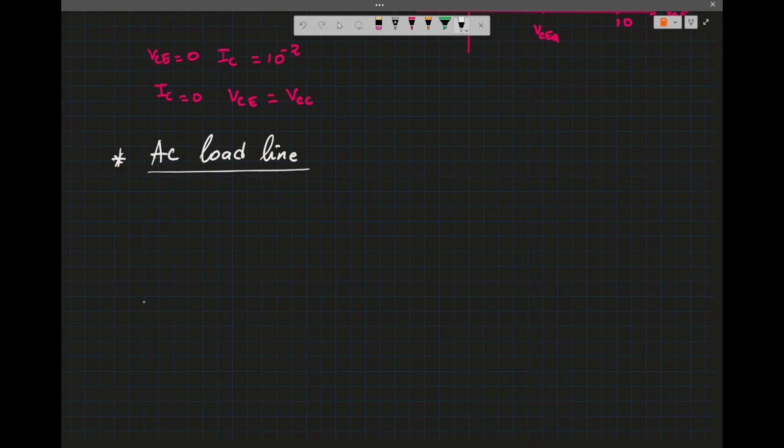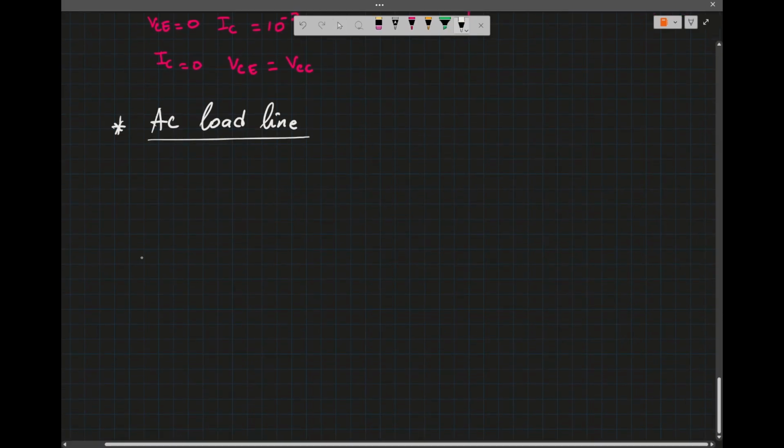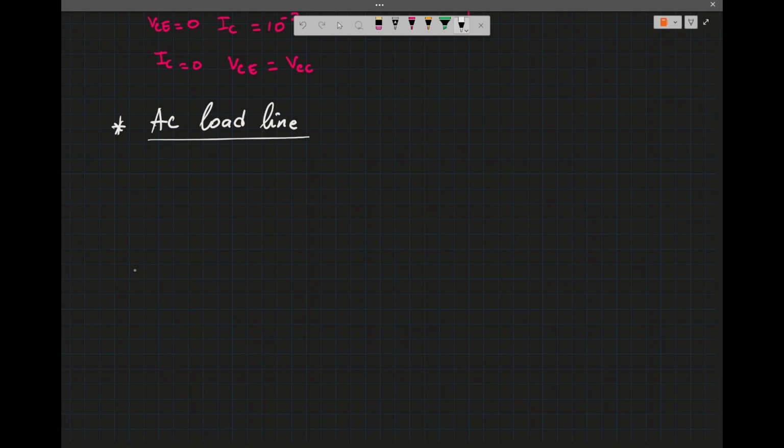So those are high frequencies, because the capacitor is assumed to be large. So when we do AC analysis, those capacitors become a short. So we have the transistor. So we have RE just grounded. The collector is grounded.